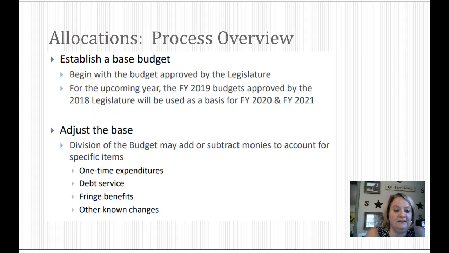We adjust the base budget. The division of budget may add or subtract monies to account for specific items, one-time expenditures, debt service, fringe benefits, or other known changes. We did not have any of those this year.